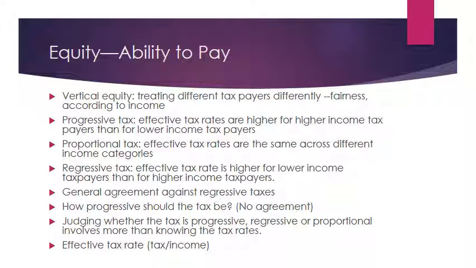However, there isn't consensus across all societies as to how progressive a tax should be. So whether or how much more should we tax higher income earners, or how much less should we tax lower income earners, or how much should we exempt them.